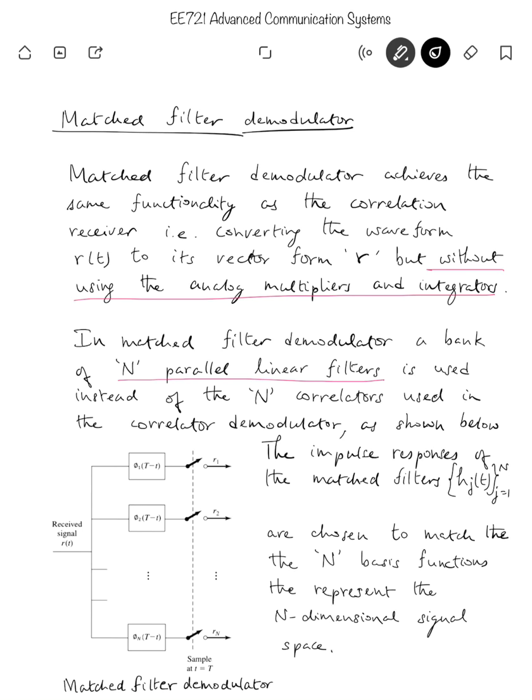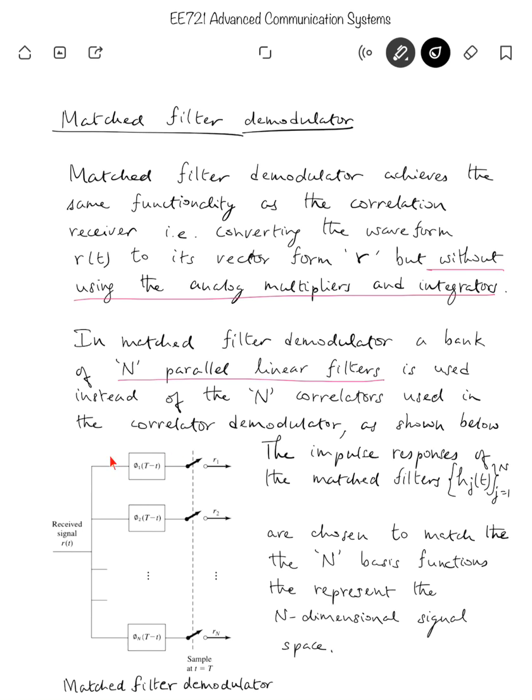Now, in the matched filter demodulator, the conversion from the waveform to the vector representation is done using n parallel branches, but instead of having the cross correlators, we have linear filters. So each branch of the matched filter demodulator has a linear filter with a certain impulse response.